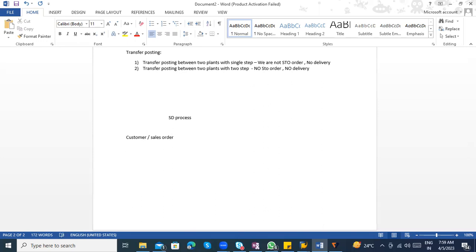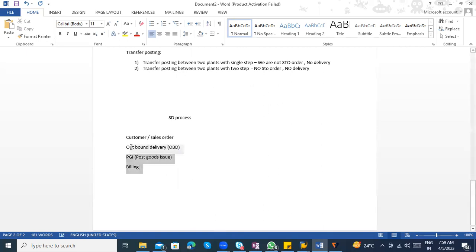And they will create the outbound delivery, OBD. Then they will do the PGI, that means post goods issue. Then they will do the billing, right?